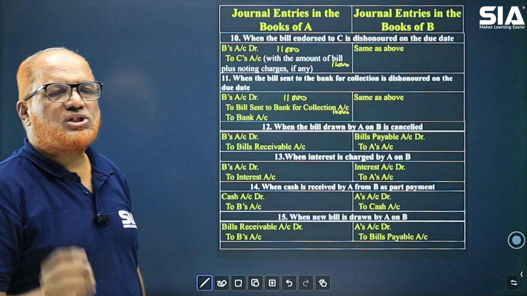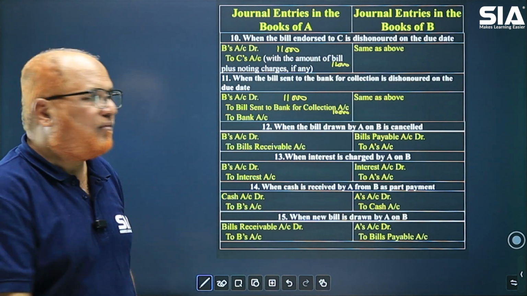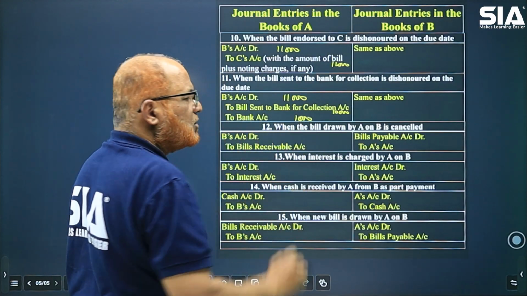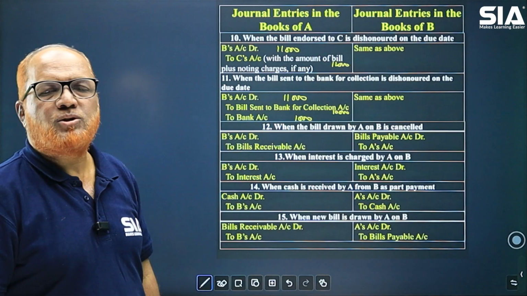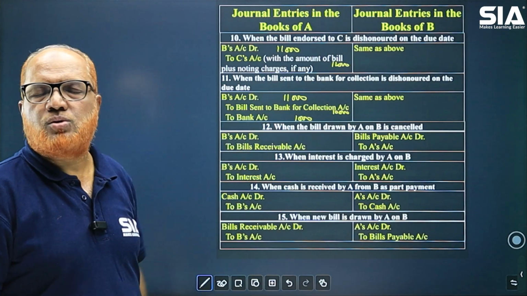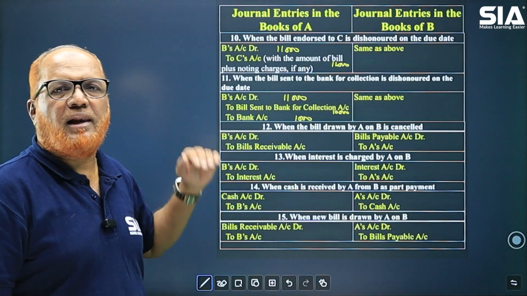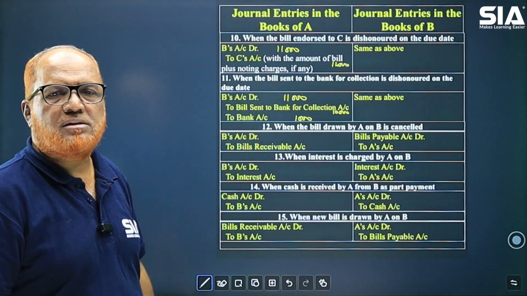Because bills for collection was debited by 10,000, now it will be credited by 10,000. And 1,000 rupees to bank for noting charges. So the entry will be B's account debtor 11,000 to bills for collection 10,000, to bank 1,000 for noting charges.